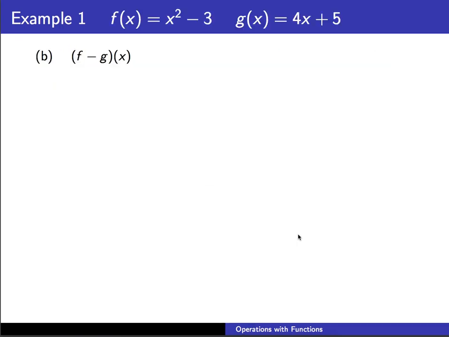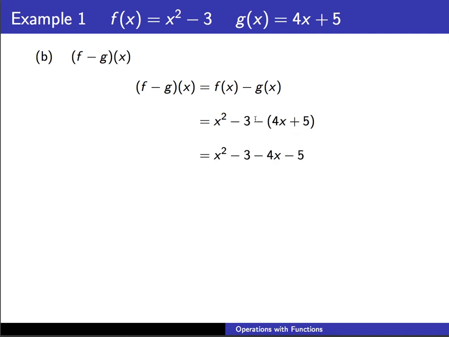Part B, f minus g of x. And again, I just wrote these up here in the header to not have to remember what they are, but it's going to be f of x minus g of x. Now, because we are subtracting g of x, and g of x has more than one term, we have to put that g of x function inside parentheses. So f of x is x squared minus 3, and then minus, in parentheses, the 4x plus 5 for g of x.